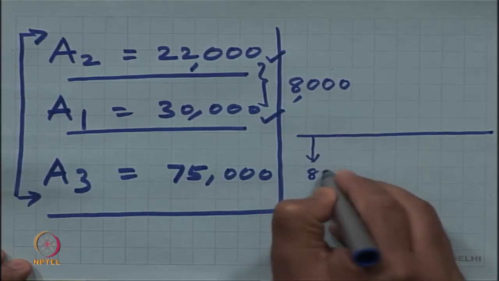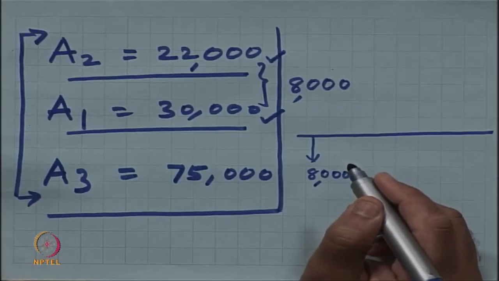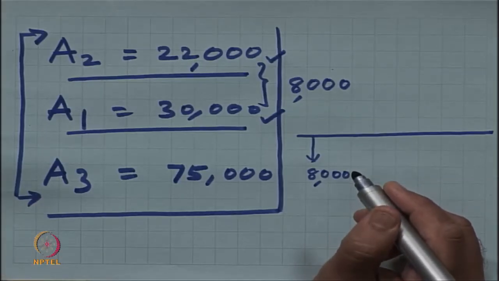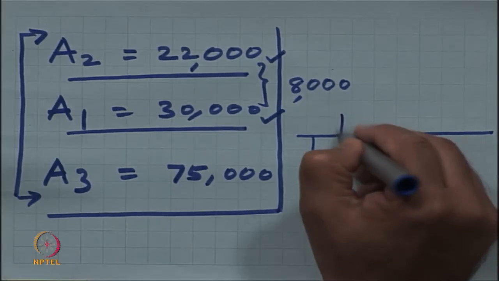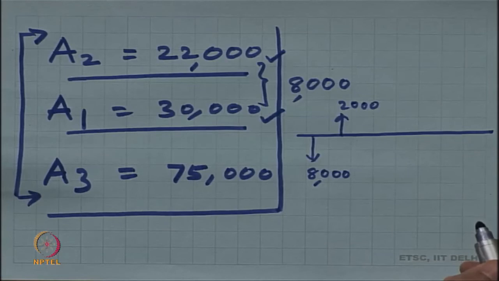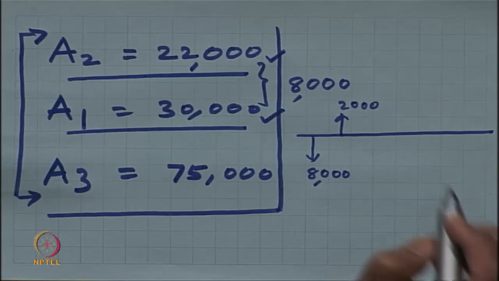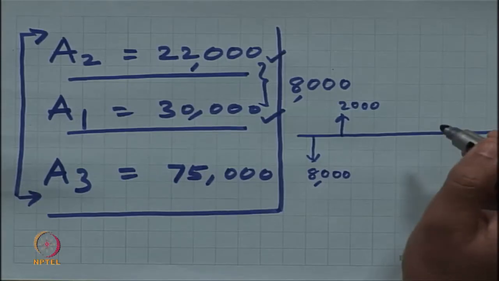So, 8,000 I am putting extra here, and what is the benefit that I am getting? Between A2 and A1, in A1 we were getting 8,000 benefit and in A2 we were getting 6,000 benefit. So, the extra that we are getting is 2,000. And in terms of salvage value, in one alternative we were getting 3,000 and in another we were getting 2,000.